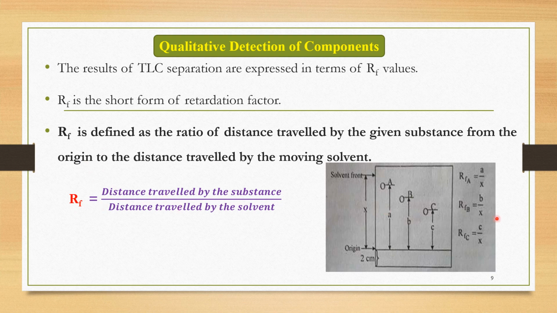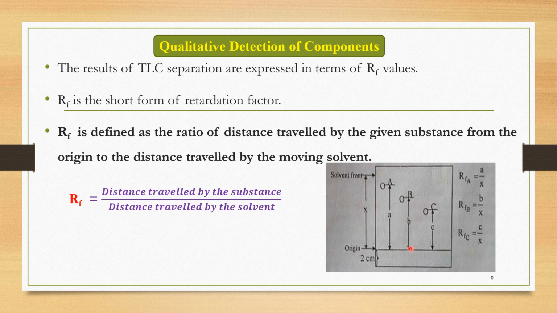Here is a sample glass plate for understanding the concept of the RF value and how to calculate it. This glass plate consists of three different spots: spot A, spot B and spot C. This is an already run TLC plate. This is the origin.